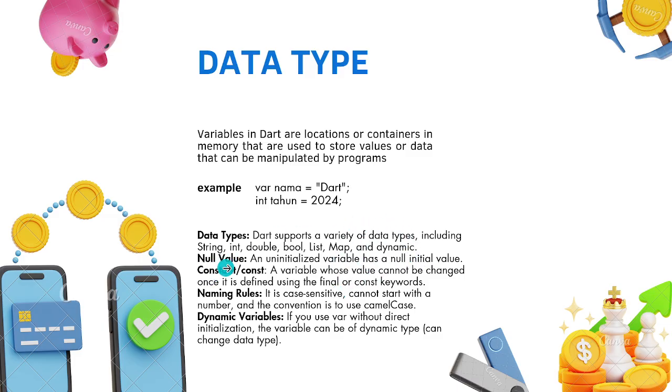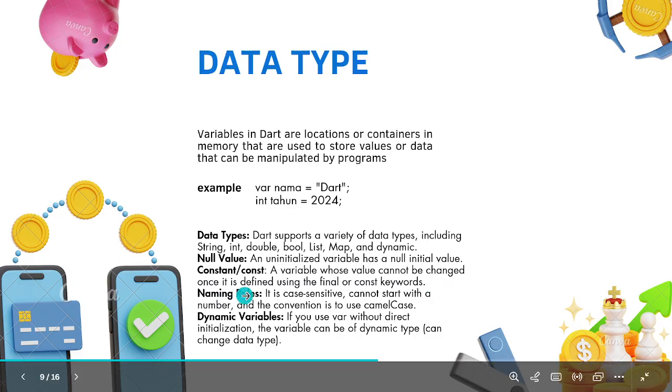Null value: an uninitialized variable has a null initial value. Constant or const is a variable whose value cannot be changed. It is defined using the final or const keywords.